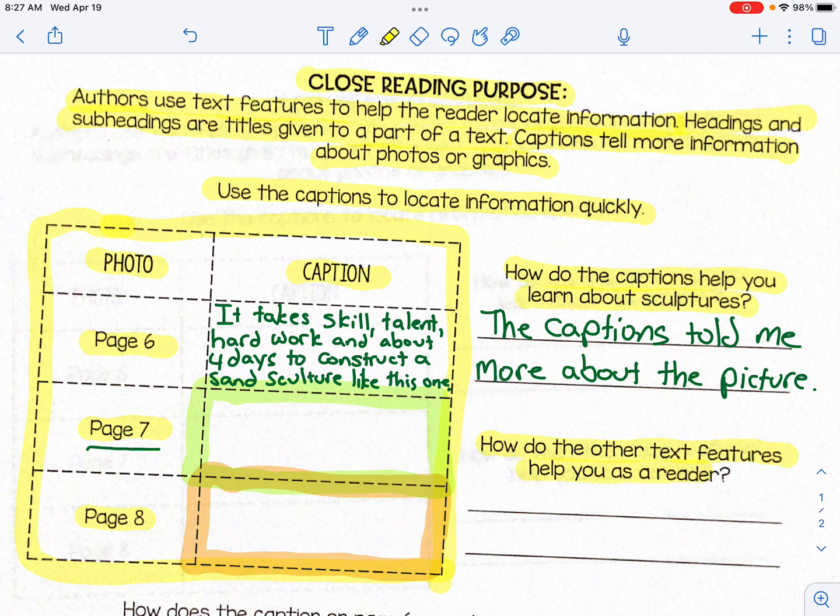So what we could do is just talk about how the pictures help us as a reader, okay? So we could say the picture helps me, and you're going to finish that sentence. Go ahead and pause the video and finish the sentence.